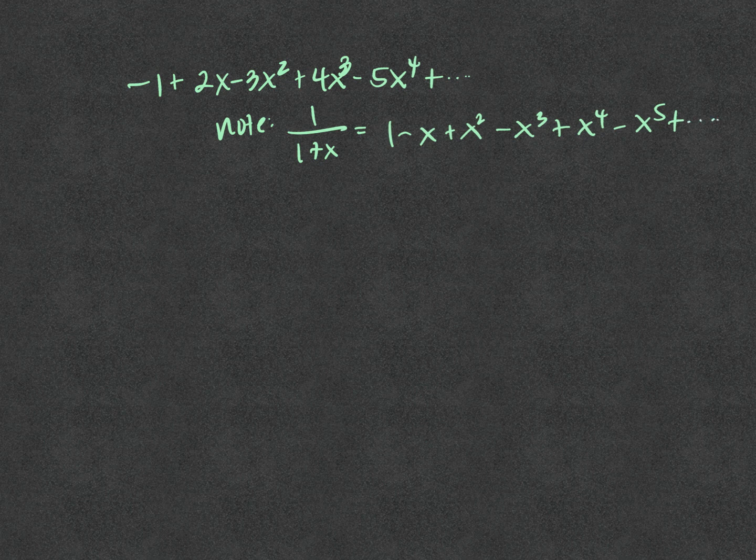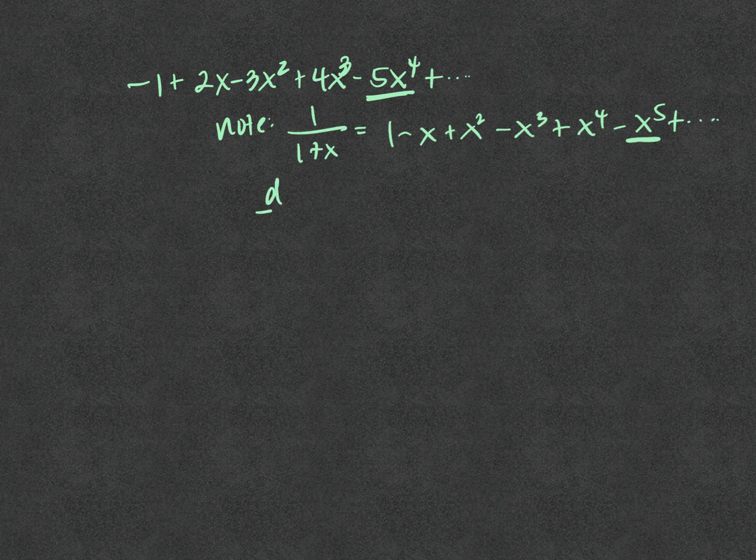Now, look at how these compare. First of all, the signs look a little off, but let's come back to that in a minute. Do you see a relationship between this term and this term? I would say that if you take the derivative of the note, you're going to end up with something very similar to the original problem, which is really what we want to do.